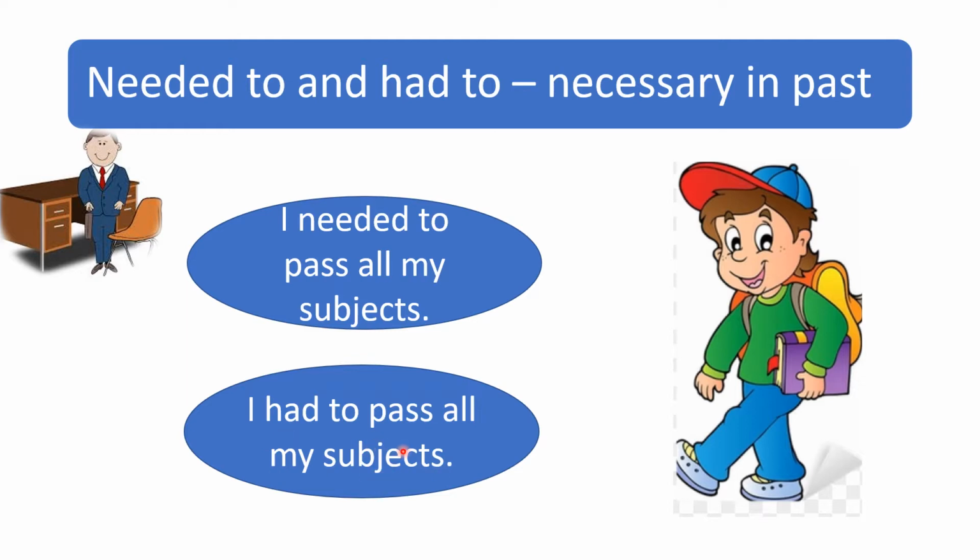Next, we are going to look at didn't have to. We just finished needed to. Now we are going to look at didn't have to or didn't need to, which are used to talk about something which wasn't necessary in the past.